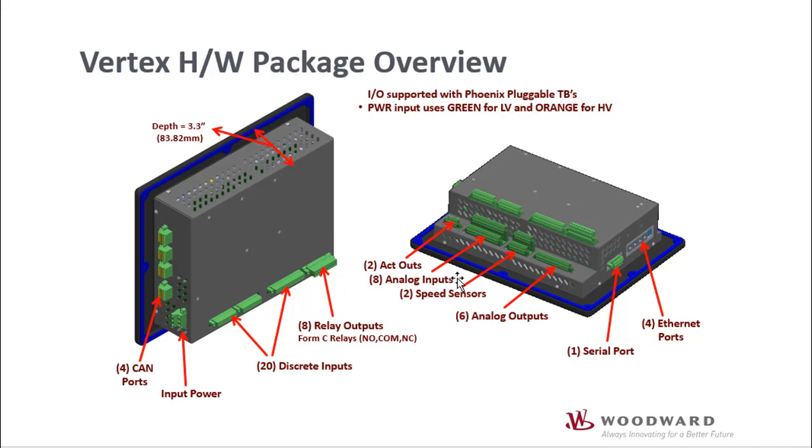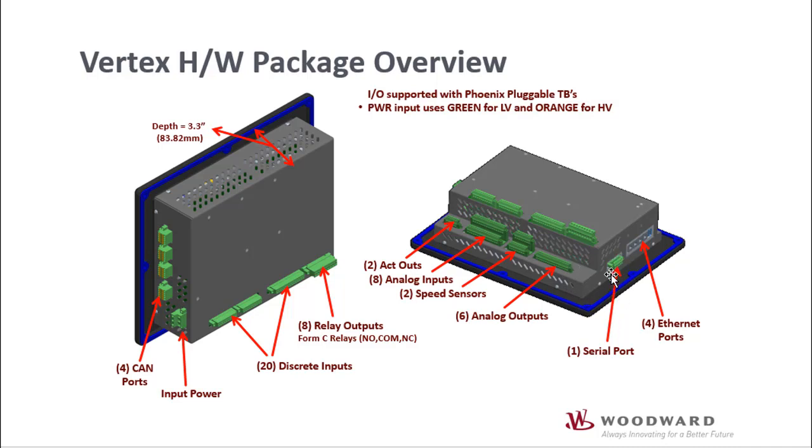There's 4 to 20 milliamp analog inputs, 2 speed sensors available, and this can be either a passive NPU probe or an active prox probe per channel, and 6 analog outputs, so 4 to 20 milliamp outputs. And typically these analog outputs are what will be used to drive the anti-surge valves.